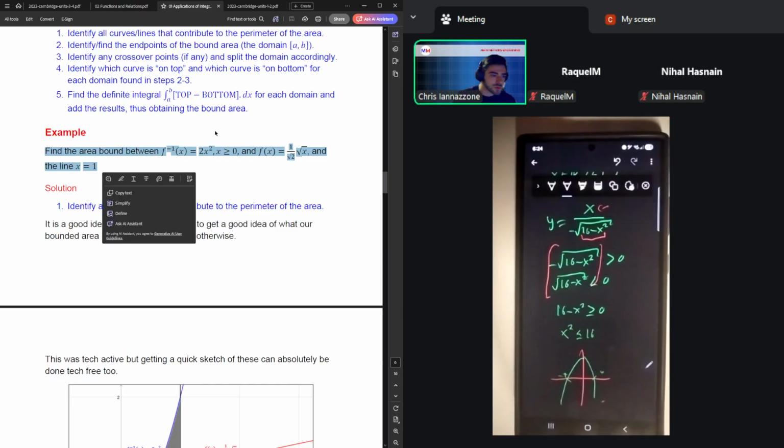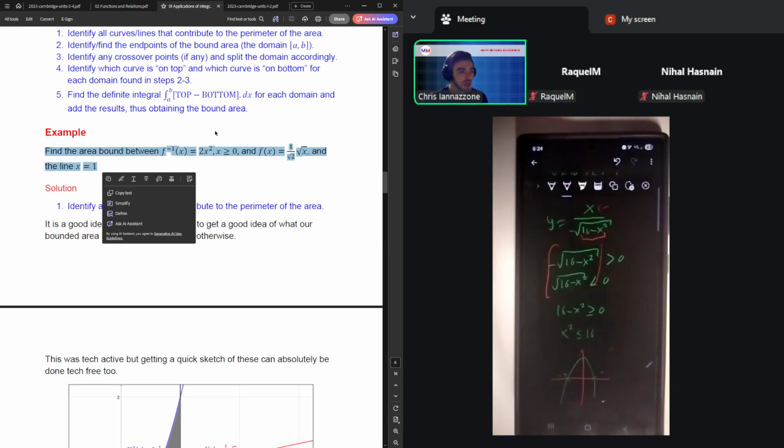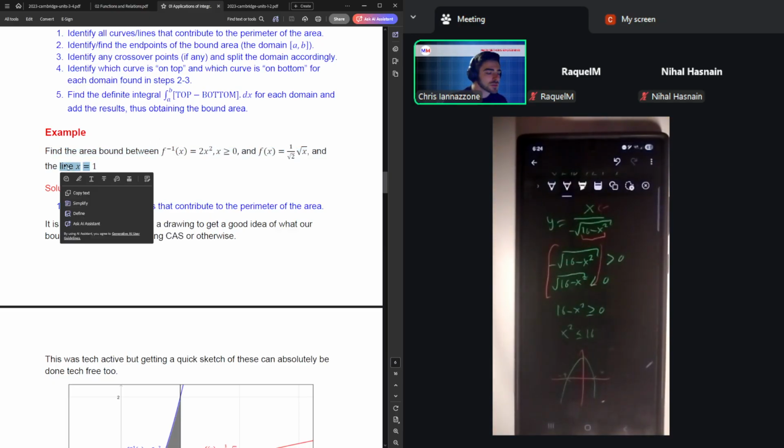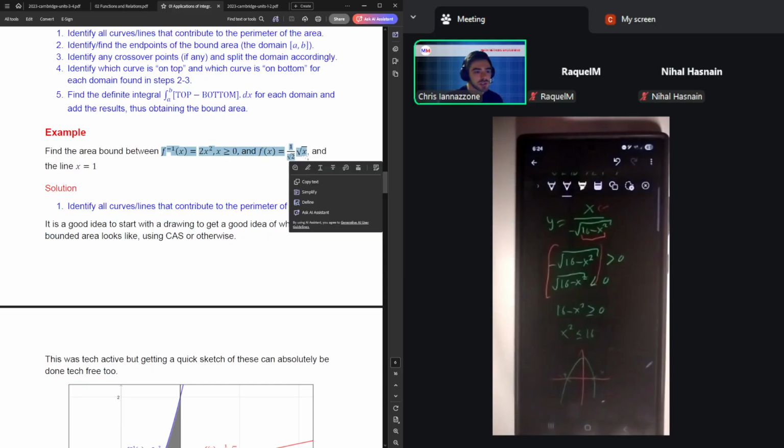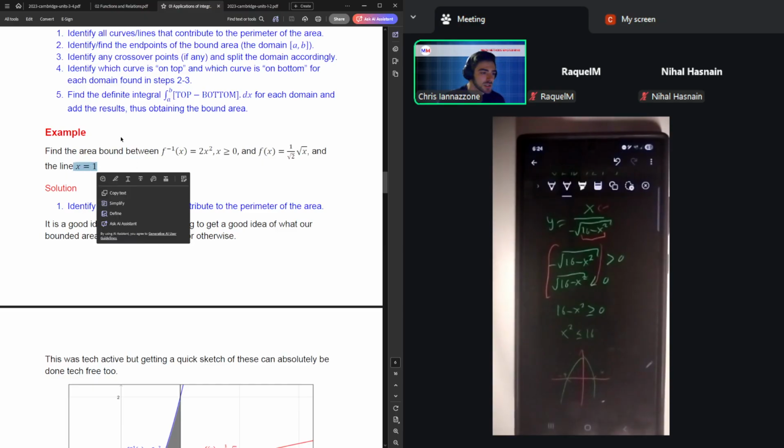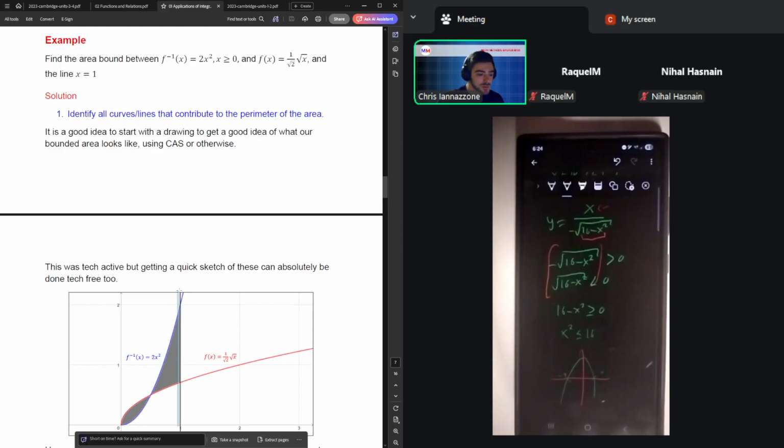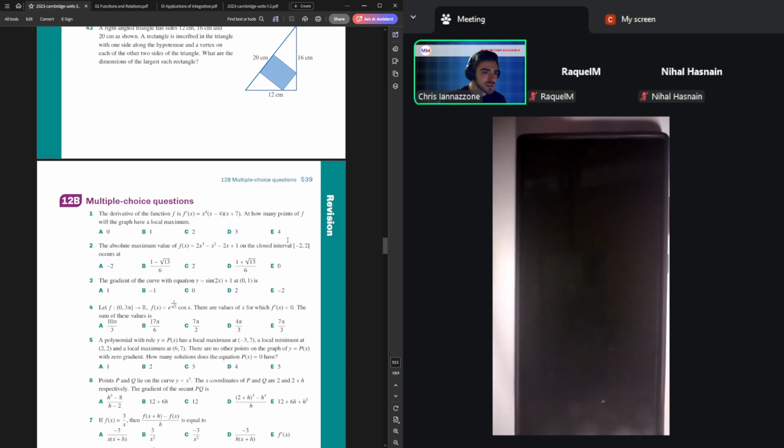There's a few more things that can be introduced in the wording of the question itself. So this one says, find the area bound between the inverse and the f of x and the line x equals 1. So not only will they introduce functions, but sometimes they'll also introduce a nice cutoff. This could be, in the case of x equals 1, a cutoff on the horizontal bit, but it could also be a ceiling of the function itself, or maybe a floor, which would be like a y equals thing.